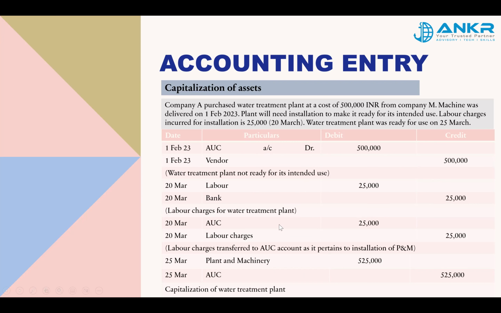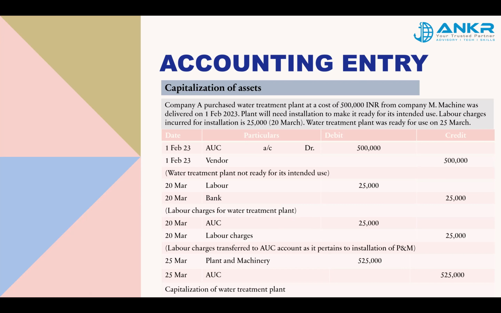Then ideally, this is not an expense. This is a capital item. So for control purposes, we should immediately transfer this labor expense account to asset under construction account, or we do this as part of the month end adjustment entries also. So asset under construction account debit, because it is an asset, it is increasing.